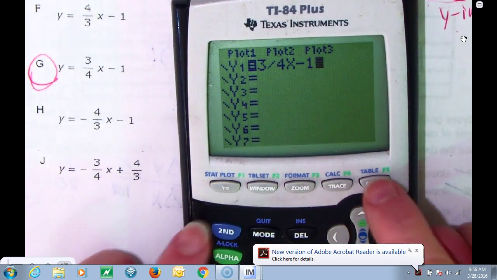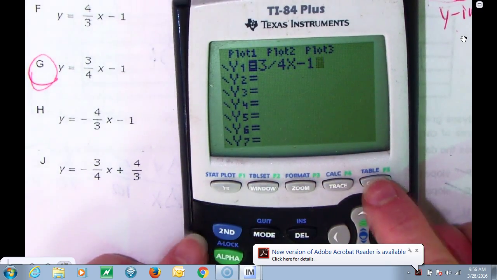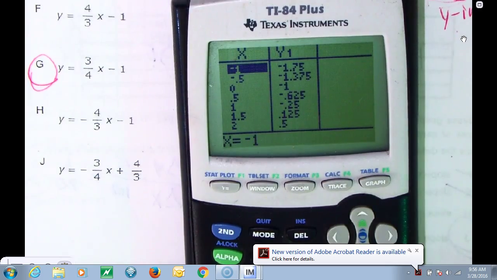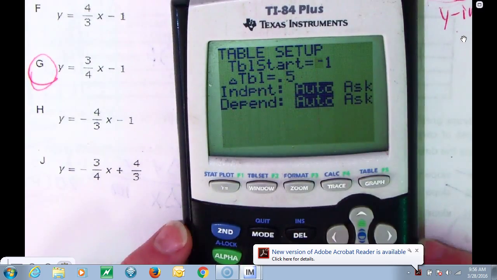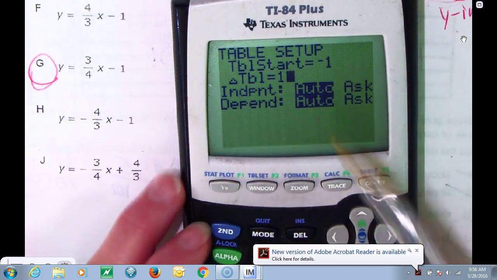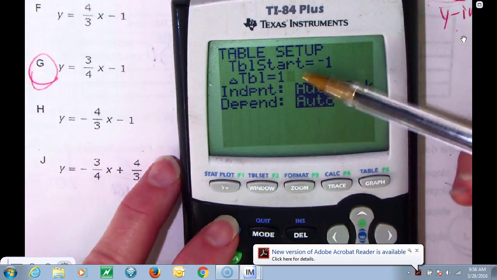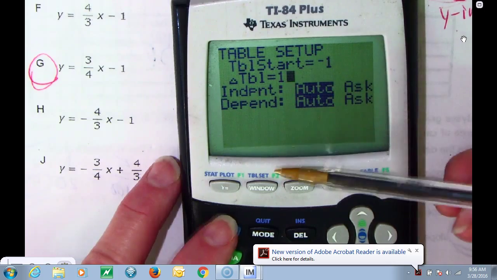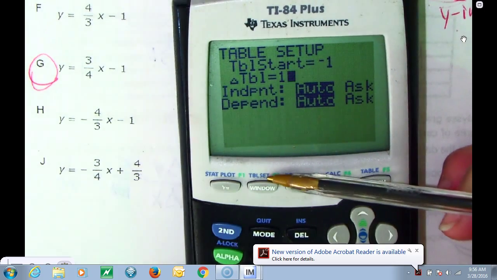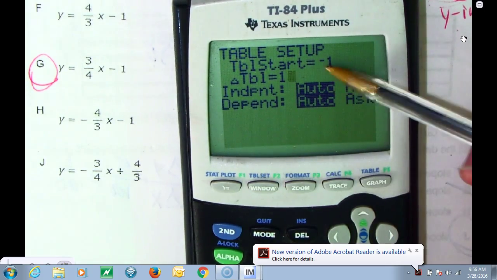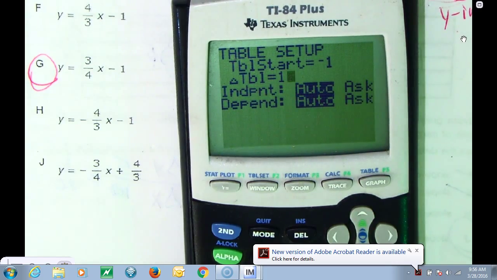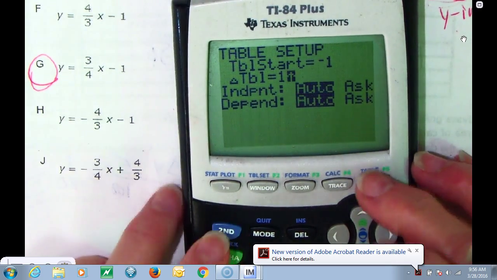Now you see where it says table in blue? Since it's in blue, go to second, table set. And make sure yours looks like mine. -1, 1. Now go to second table.